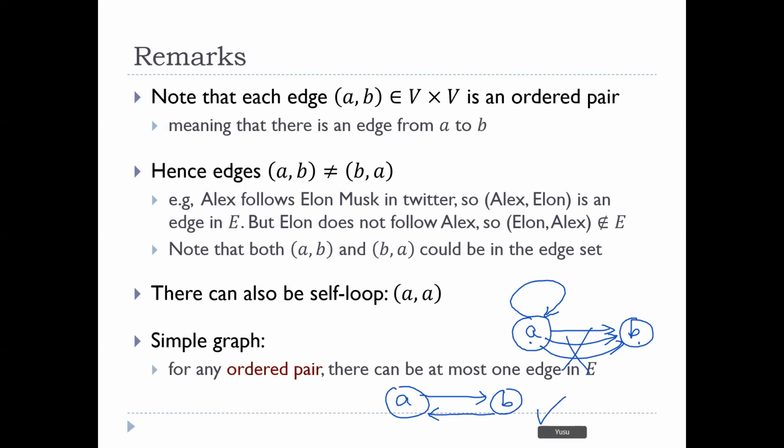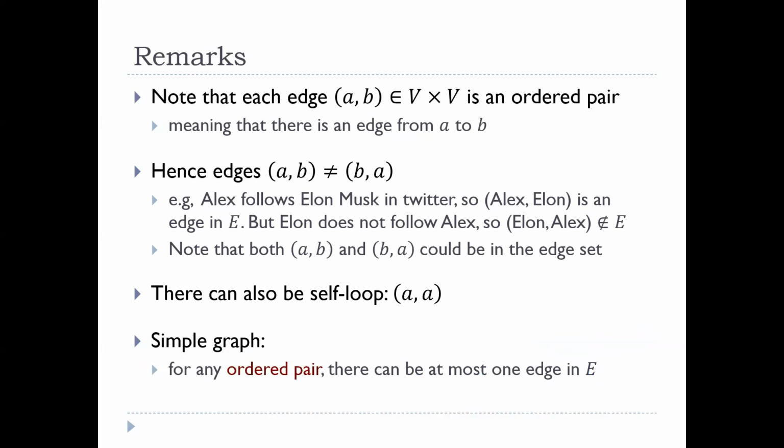But between the same ordered pair, say from A to B, you cannot have more than one edge. So that's called a simple graph. And in what follows, we'll always assume that we have a simple graph, all right?